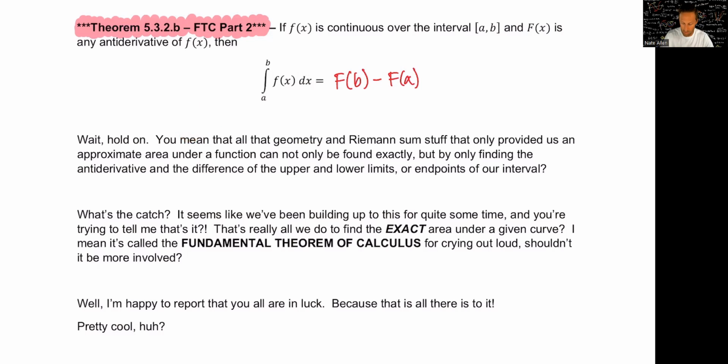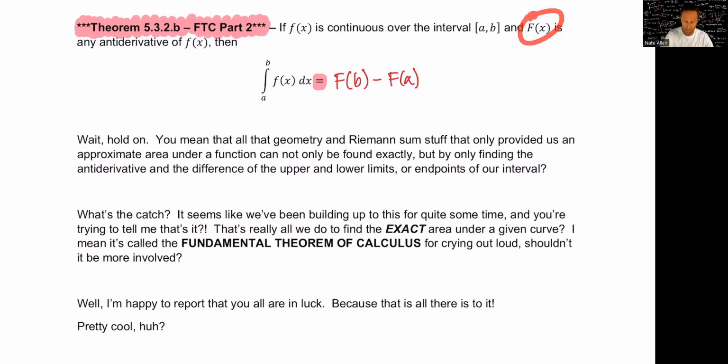But now notice this has the equal sign, not the squiggly approximate, which is why it is fundamental to calculus. This finds the exact area under this curve from a to b, and it's just by doing this.